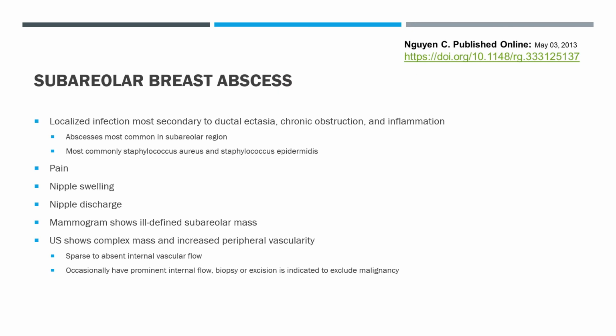Subareolar breast abscess is a localized infection, most secondary to ductal ectasia, chronic obstruction, and inflammation. Most abscesses in the breast are seen in the subareolar region, but can be present elsewhere. They are most commonly caused by Staphylococcus aureus or Staphylococcus epidermidis.